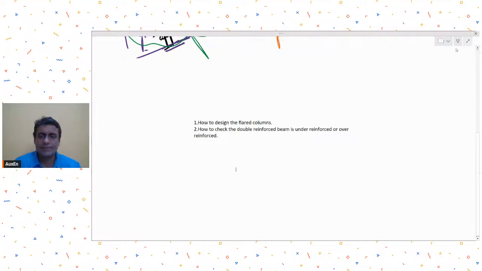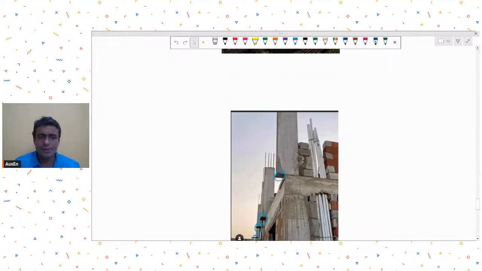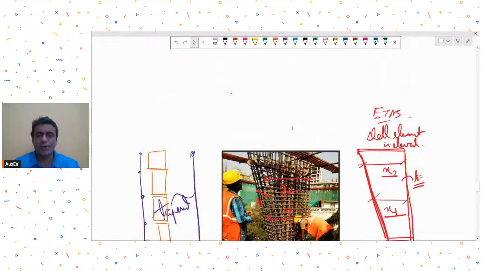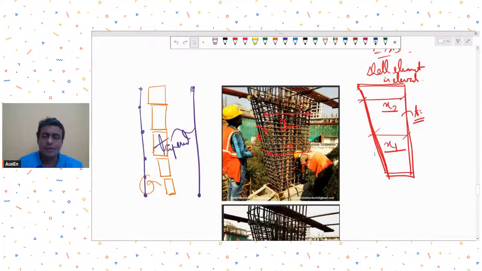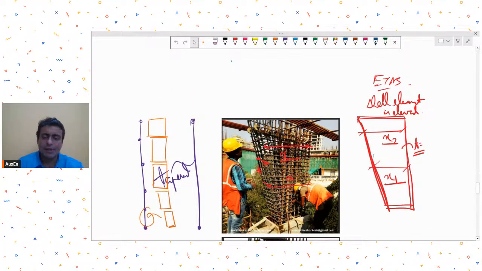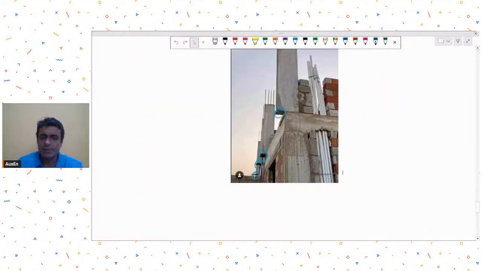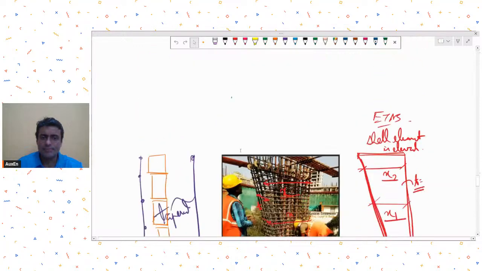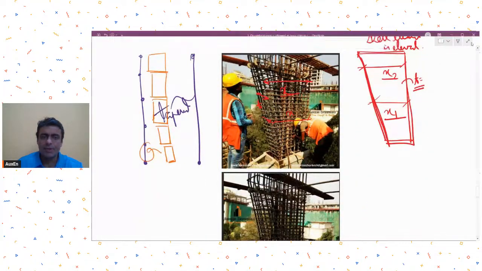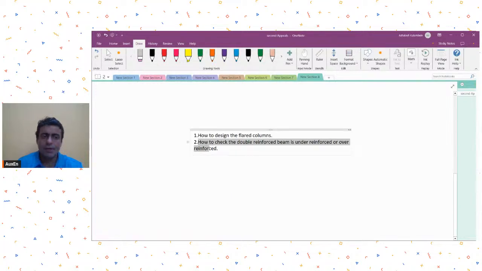In fact, I may have some images from last week's session. Yeah, so you see here flared columns. I had explained this in the last session of the same series that we conduct every weekend. So just go to the last episode and check this reply given to this query. You can see the images also from the last episode.